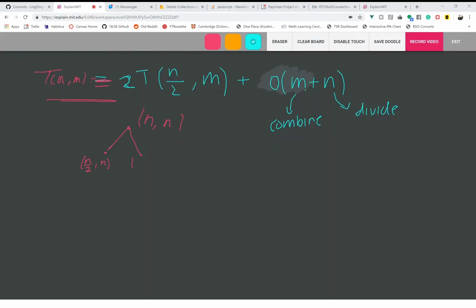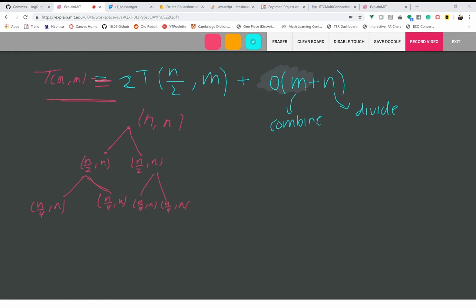This is n over 2, n. Then this is going to be divided into 2 subproblems. This will be n over 4, n, because n will not change. We will evaluate it at the same number of points. And here we will have n over 4, n, and the same thing here. Okay? You're with me, okay?